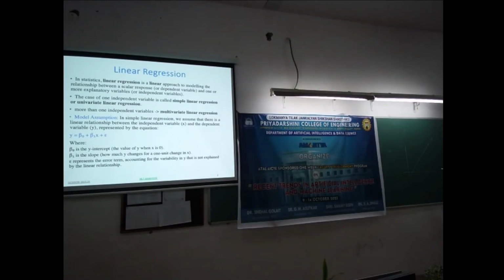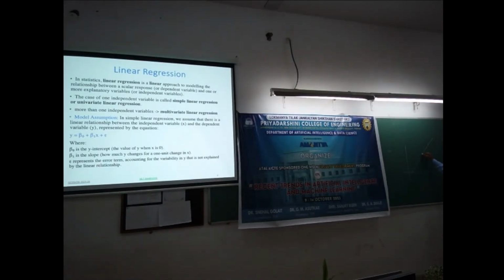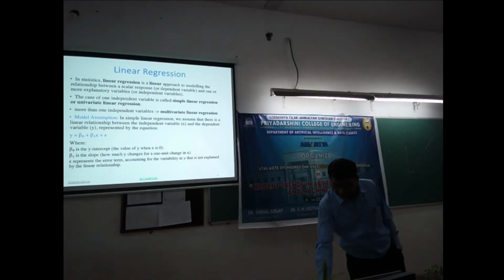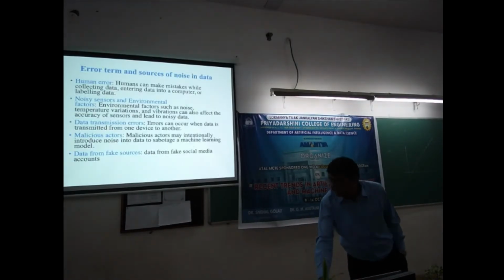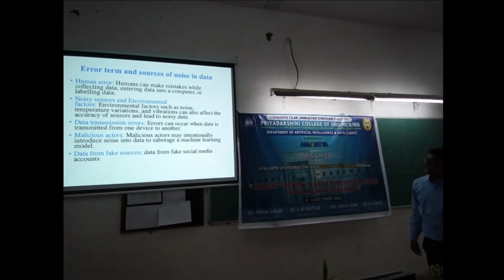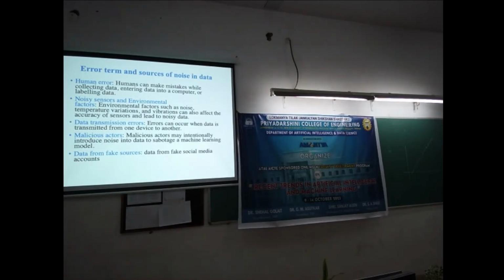What happens is that your actual readings do not follow this exact linear relationship, but there is some error. This occurs because of different reasons. Ideally it should be an exact line, but it is not an exact line in practice. So this is the error term and sources of noise. Epsilon basically represents the noise in the data.